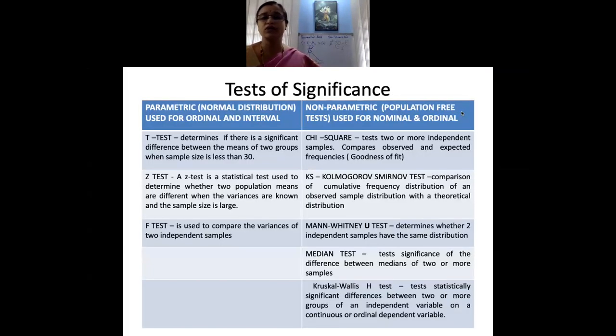Now let me go to this. This is something you people need to actually know, that is your test of significance. That means what test I have to use. Now before that, the first step that every researcher has to do is statistically find out whether your data is normally distributed or not.